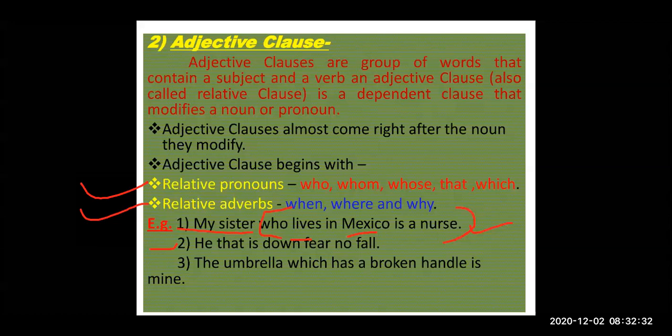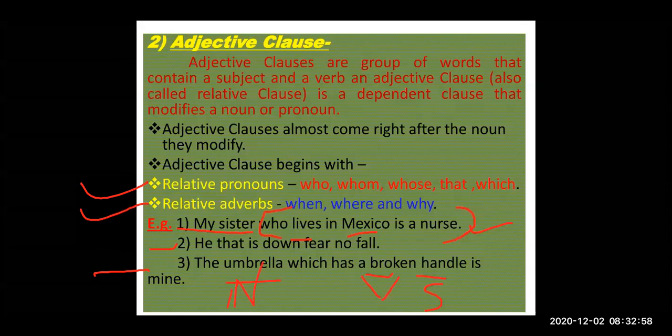Third example: "The umbrella which has a broken handle is mine." Now here, handle is the subject, broken is the verb, and umbrella is the noun. Again, broken is your verb, handle is your subject, and umbrella is your noun.